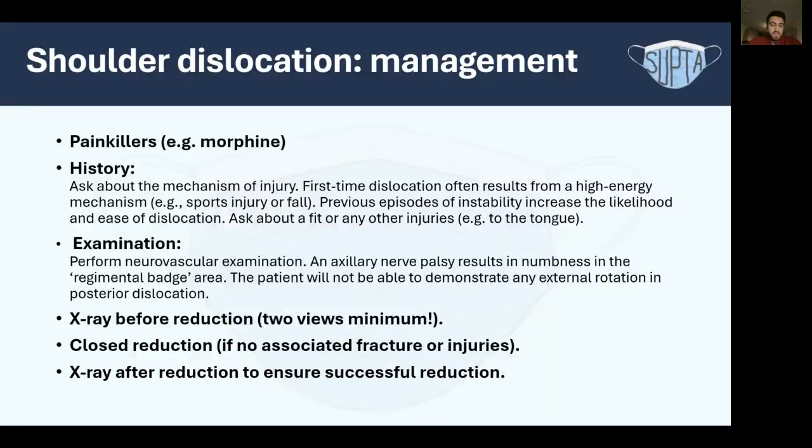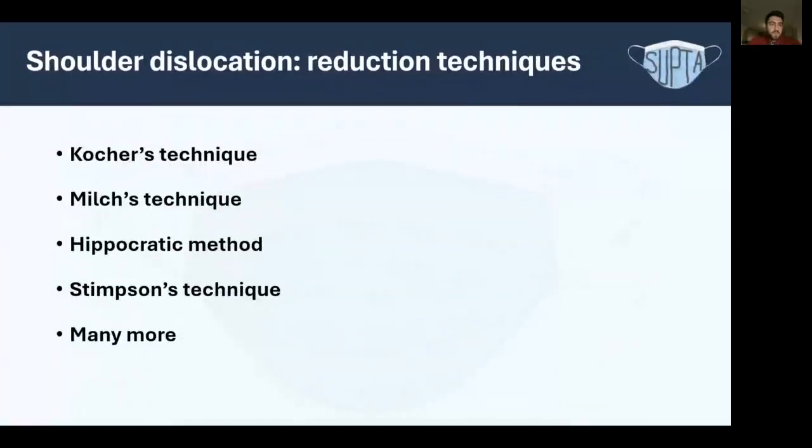So with the management, as I mentioned, you get an X-ray before reduction, minimum 2 views. And then once you're happy that there's no injury to the nerves and no fractures, you can attempt relocating the joint. And again, you get an X-ray to make sure everything is fine.